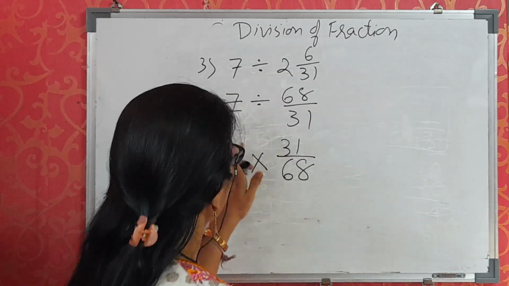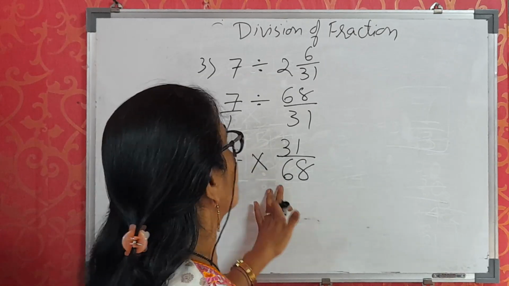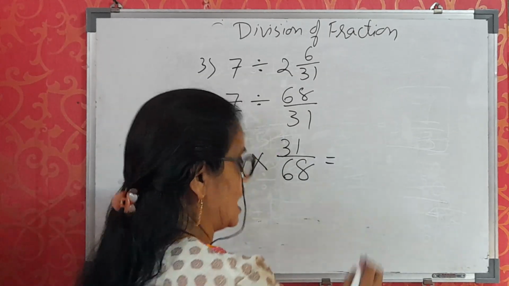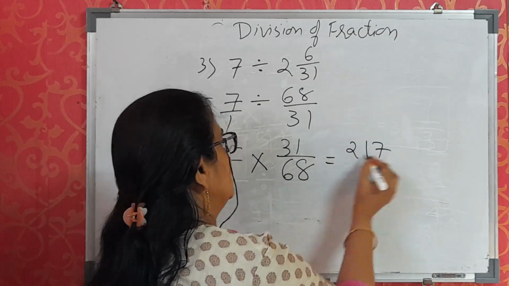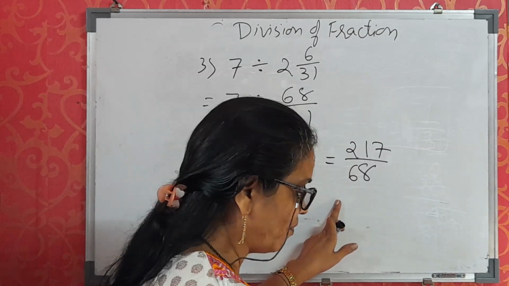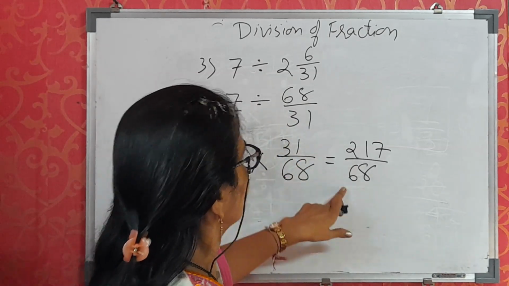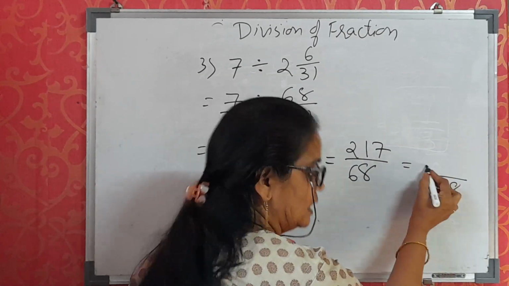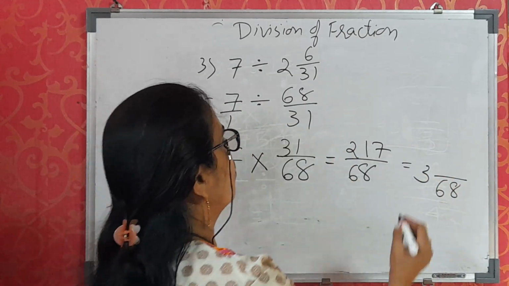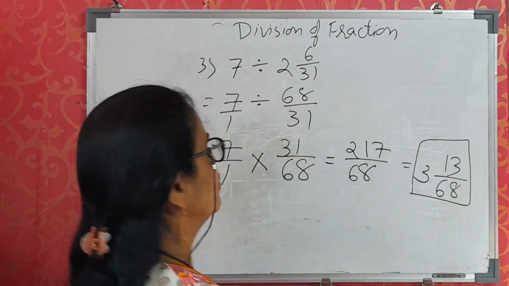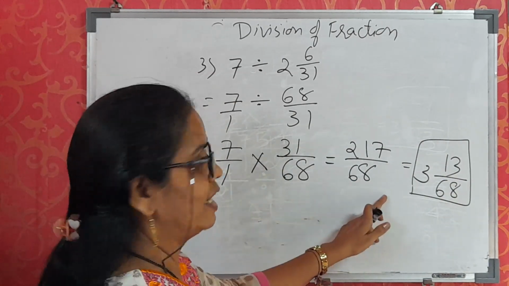Now you cannot do cancellations since there is no common table. So 31 7s are 217, divided by 68. Since it is an improper fraction, divide 217 by 68. It would be 68 3s are 204 plus 13. So your answer will be 3 integer 13 upon 68. That is your final answer.